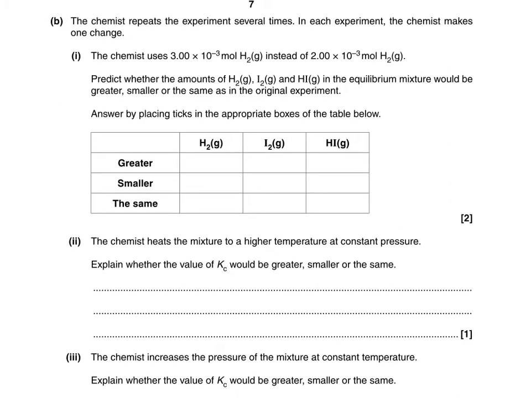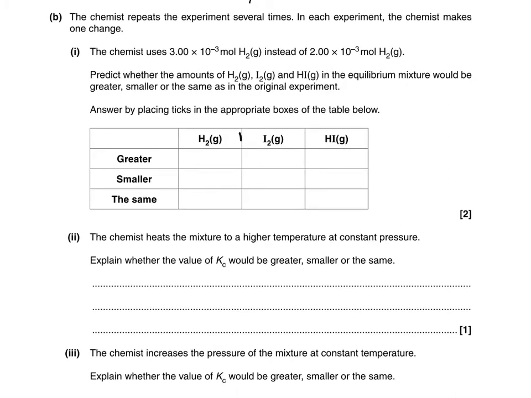Okay, so if we have a look at the equilibrium here, we'll be changing the concentration of the hydrogen iodide, but not Kc. Kc only changes with temperature. So what we're doing is we will be increasing the concentration of hydrogen.